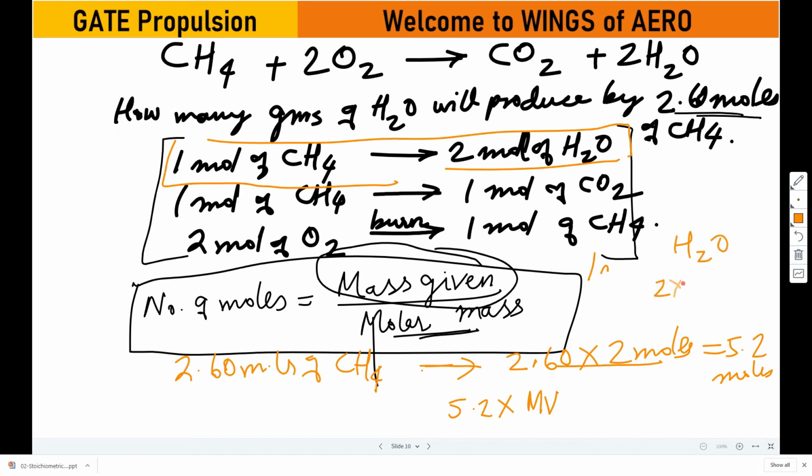That is 2 into 1 plus 16, which is 18. 5.2 into 18 will give you 93.6 grams of H2O.